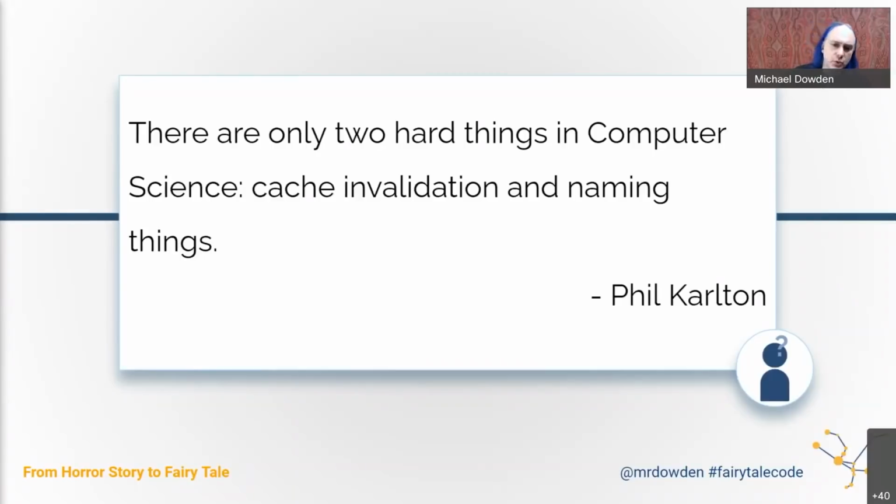There are only two hard things in computer science: cache invalidation, a known hard problem, and naming things. So coming up with good, meaningful names, Phil was saying, is just as hard as some of the hardest problems in computer science. It is a challenge, but it is a challenge that is worth our time and effort in just the same way that solving the hard problems are.